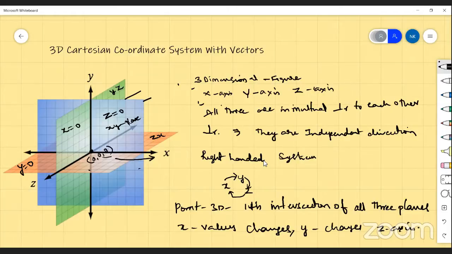They are all independent. That is, the contribution of x on the y-axis is 0. The contribution of z on the x-axis is 0. The contribution of z on y is 0. If you want to find the angle between these, this is 90 degrees.